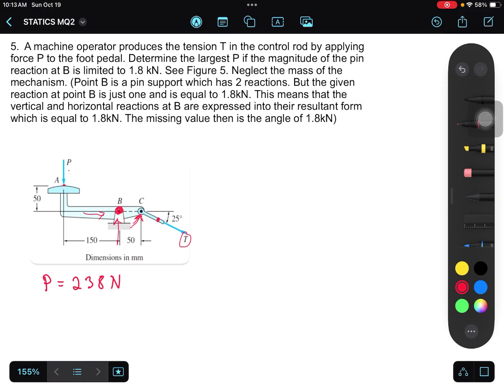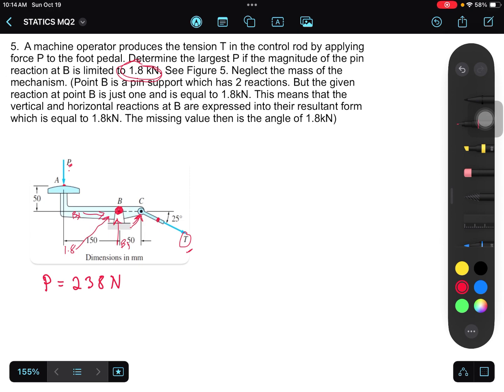Ngayon, hindi given ang P, hindi given ang T. Okay? Pero ang isang given is yung reaction at B, which is 1.8 kilonewton. So, ang reaction sa B, supposedly dalawa, vertical and horizontal, di ba? BY and say BX. Dalawa yung reaction dyan. Pero bakit isa lang ang given? Kasi, ang ginawa lang dyan, ni-resultant itong BX and BY.